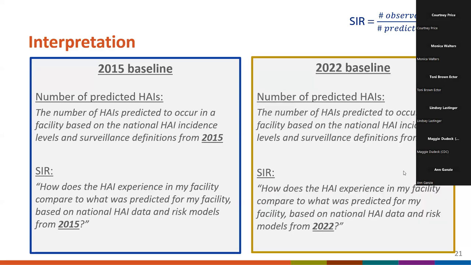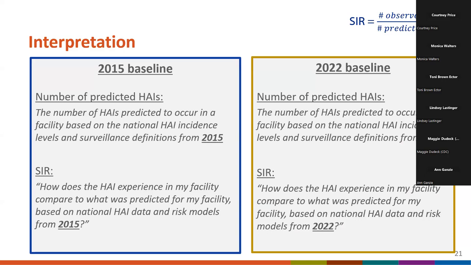Now, if you generate an SIR in NHSN on the 2022 baseline, you'll need to interpret the data a little bit differently. The number of predicted HAIs are those that were predicted to occur in a facility based on the national HAI incidence and surveillance definitions and risk models from 2022.